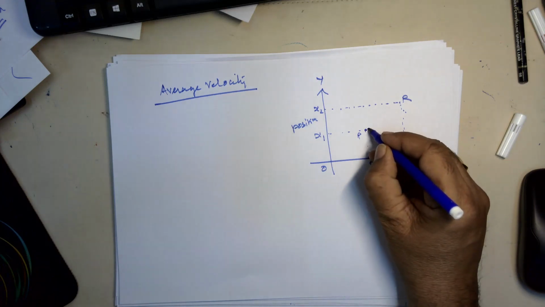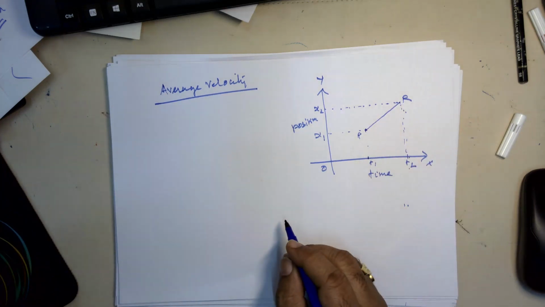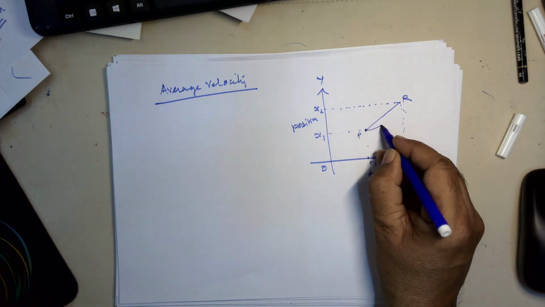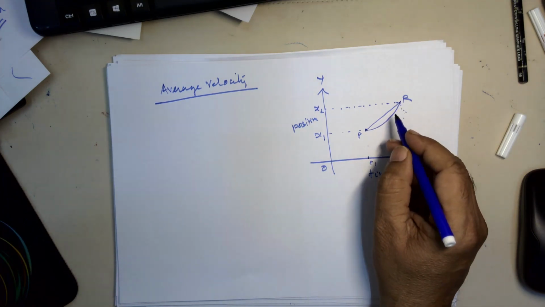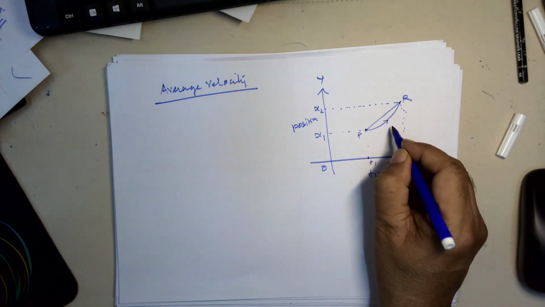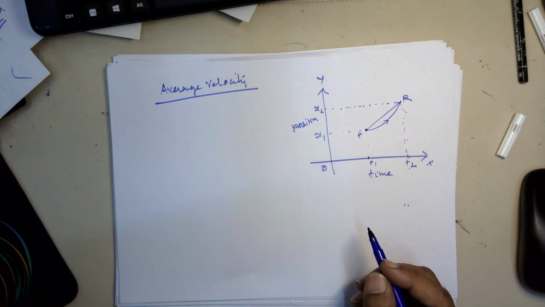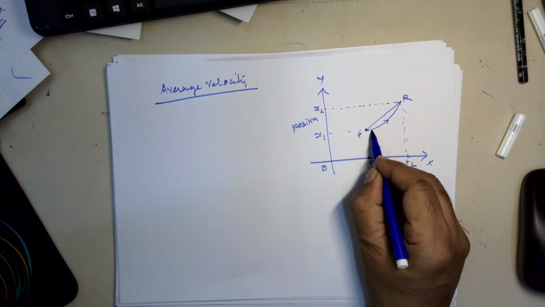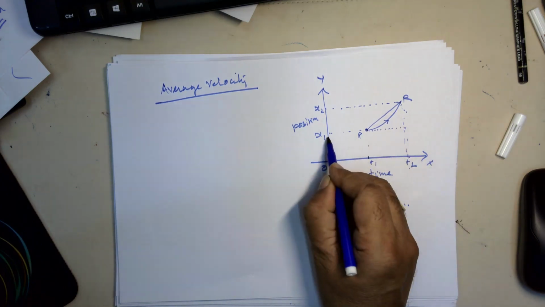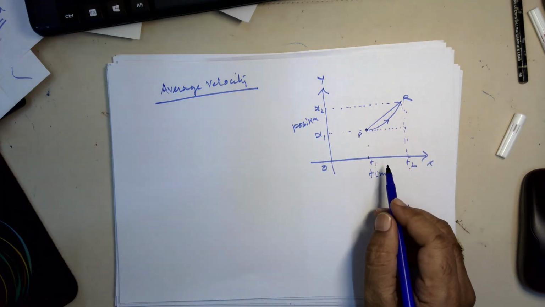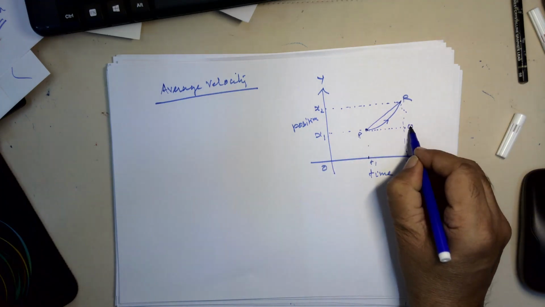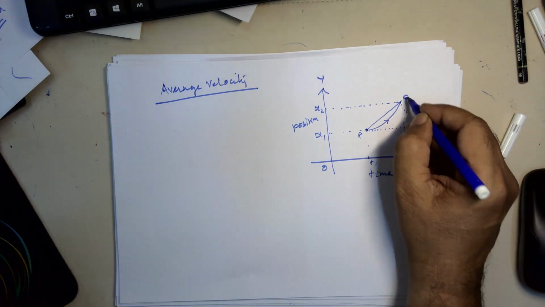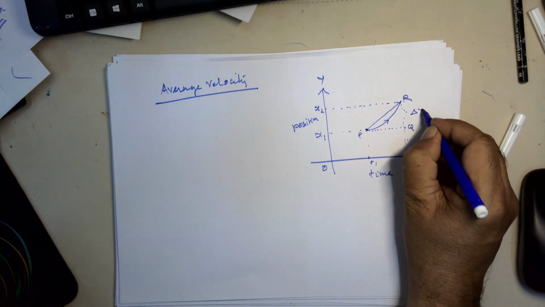So the straight path is PR, but the body moves along a curved path like this. And you can extend this x1P here and let it meet at Q. So the distance between R and Q is delta y.